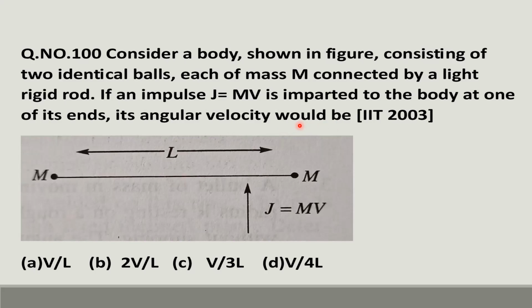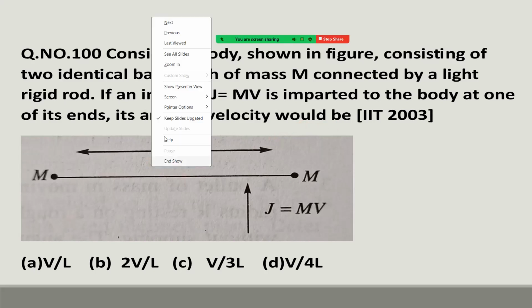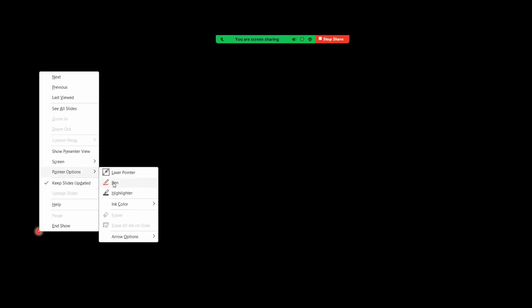Now see, we have to find omega, how to calculate. Given massless rod having 2 point masses m and m.